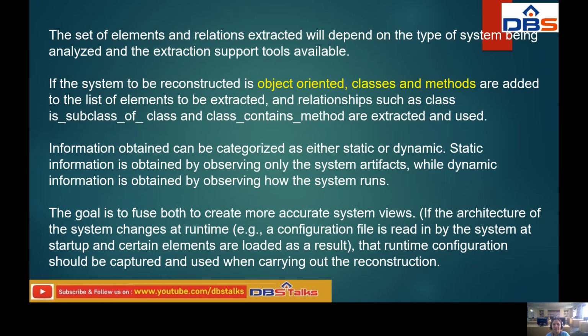Static information is only observation of the system artifacts, but dynamic information is observing how the system runs. We have to know both, and the goal is to fuse both to create more accurate system views. That is the main goal.